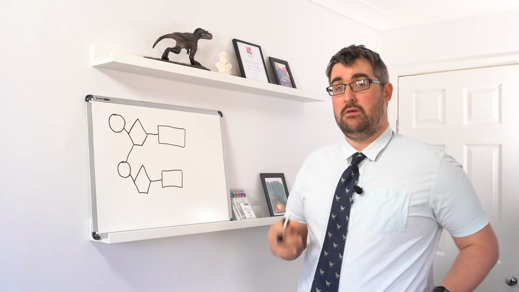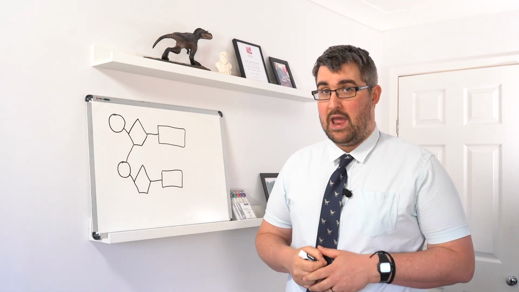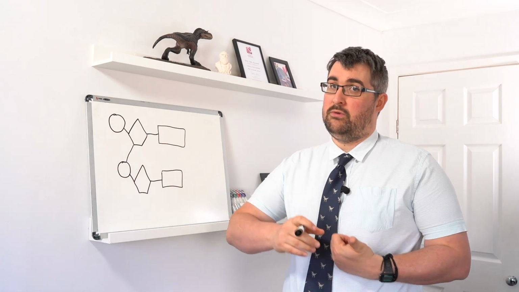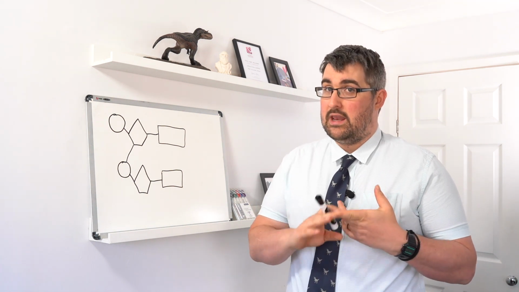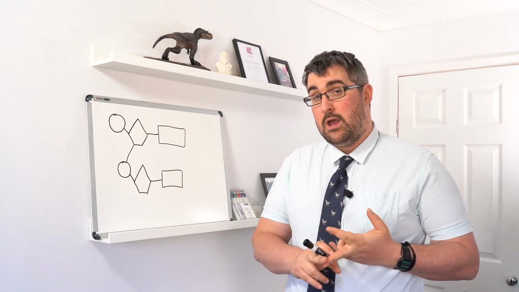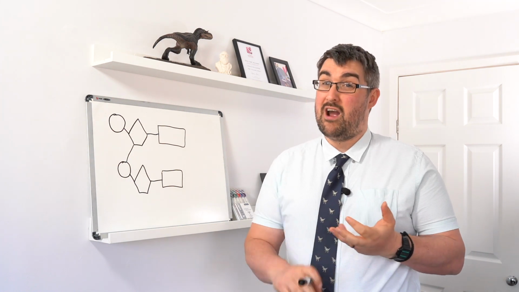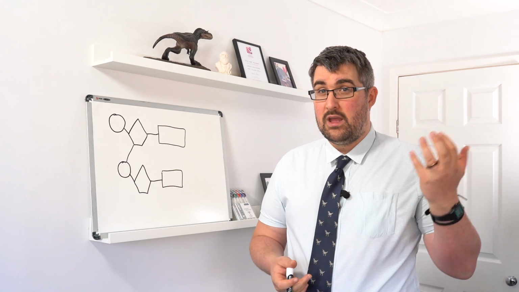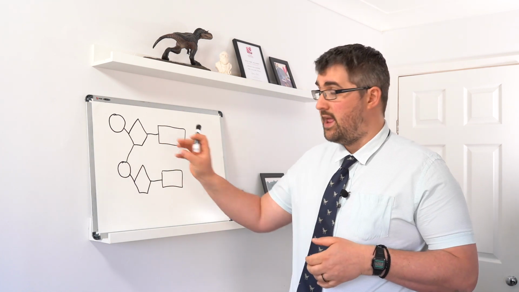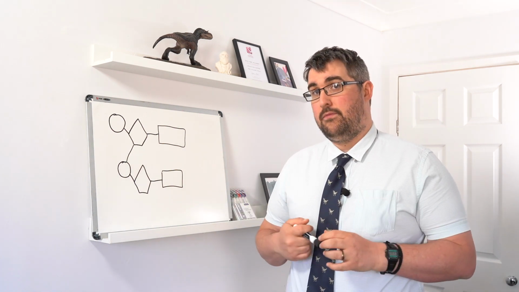So to recap, actually, we've come across quite a few bonds now in our biological molecules. We've seen glycosidic bonds in carbohydrates, we've seen ester bonds in lipids, we've seen peptide bonds between amino acids, we've also seen hydrogen bonding in our proteins and disulfide bonds and ionic bonds, and here's the one for our nucleic acids.